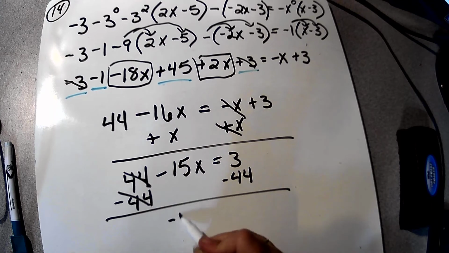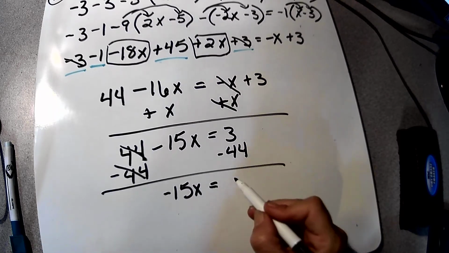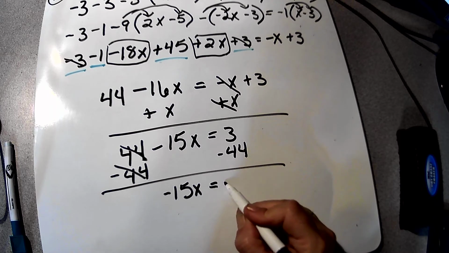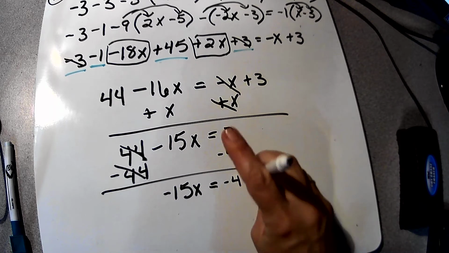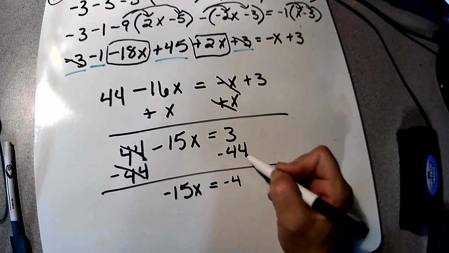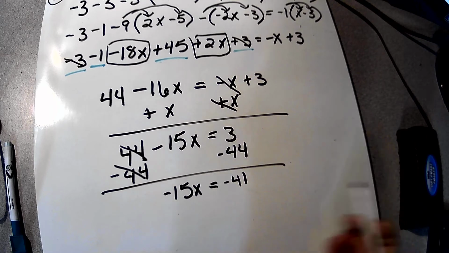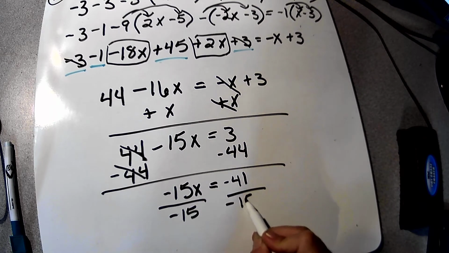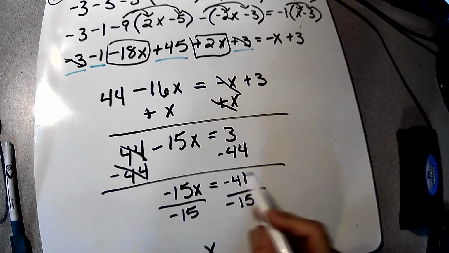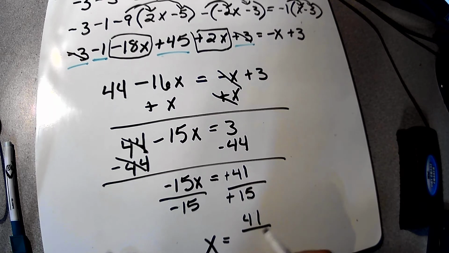And we're going to get negative 15x equals negative 47. No, wait, that's positive. Plus 3, positive 3. So that will be 41. Now I just divide by negative 15. And that's our answer. These negatives cancel each other, so the answer is 41 over 15.